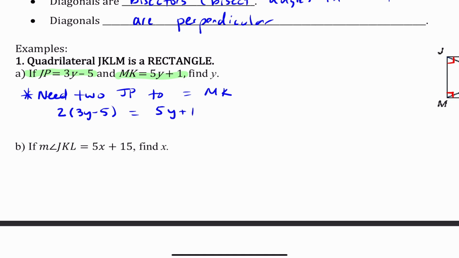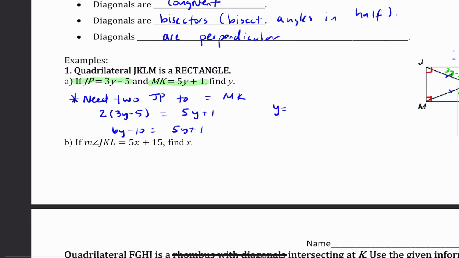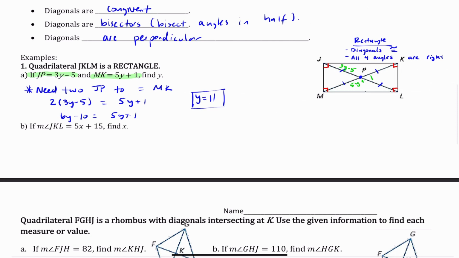And if I use the distributive property, 6y minus 10, which is equal to 5y plus 1, okay, well, that's going to give me, if I subtract both sides by 5y and add both sides by 10, y is equal to 11. Okay, so that's your answer. y is equal to 11.